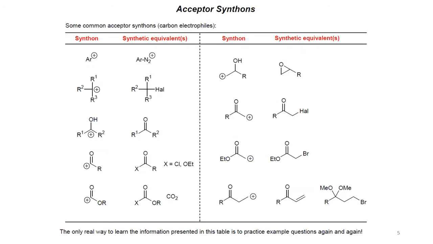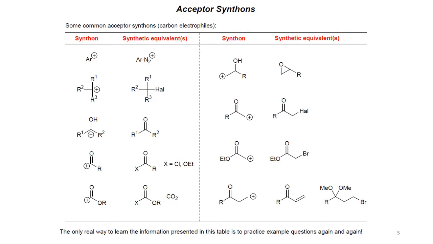Okay, for acceptor synthons, these are some of the common acceptor synthons, and the difference between donor and acceptor synthon is the charge of the synthon. So in acceptor synthon, the charge is positive.